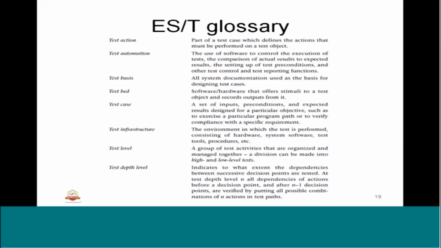Test automation, we have seen, is the use of software to control the execution of tests, the comparison of actual results to expected results, the setting up of test preconditions, and other test control and test reporting functions. Test basis, all system documentation used as the basis for designing test cases. Test bed, software, hardware, or both, that offers stimuli to a test object and records the output from that.